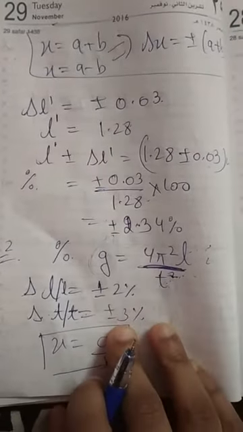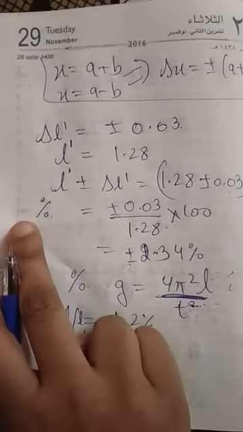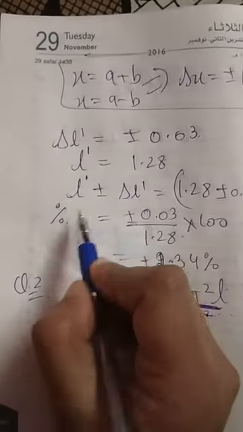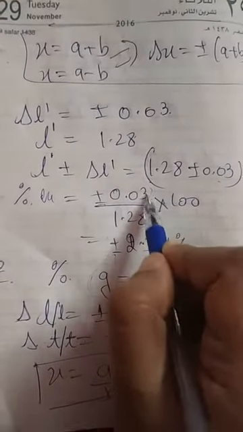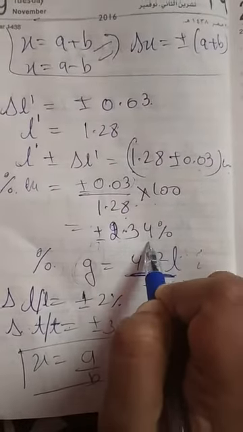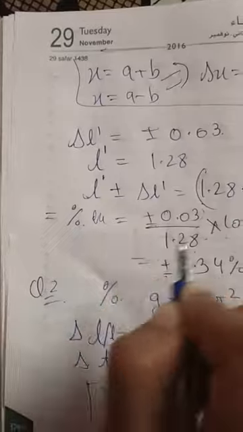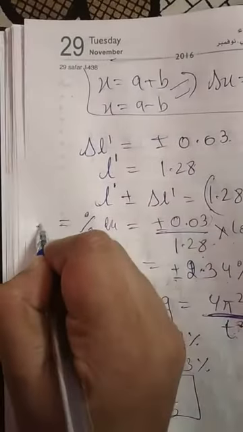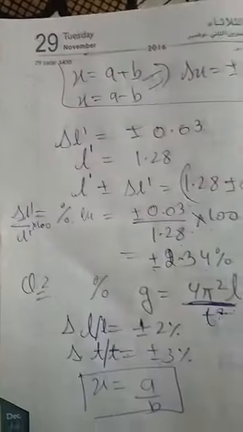Remember, in this question also, look at how we calculate the percent. In our previous question we got percentage error equal to the error value divided by the actual value, into 100. So can I write this formula as delta L dash upon L dash into 100, as in my previous question?